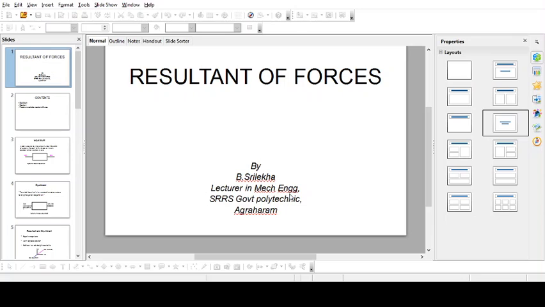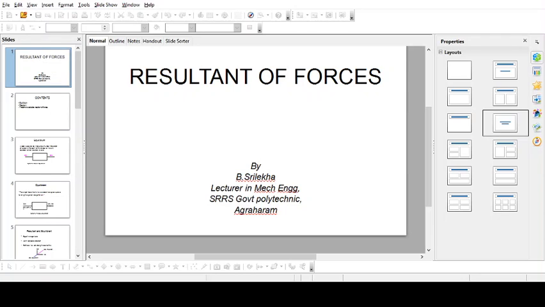Next, one more problem. In this we will discuss not the equilibrant but the resultant and the magnitude of a force system. If you see, there are four forces acting. The first one is 30 newtons, which is acting at an angle of 45 degrees from the east, and 20 newtons, which is acting east of north.